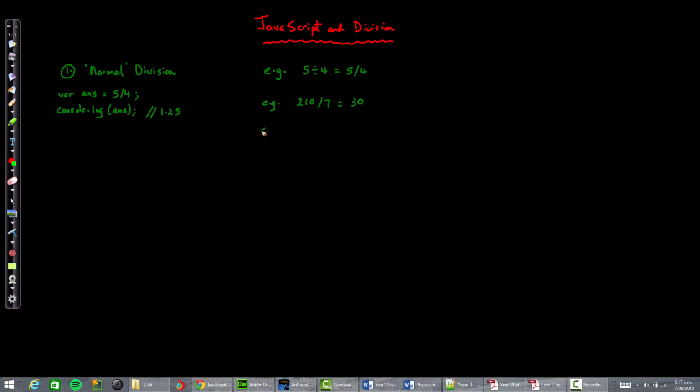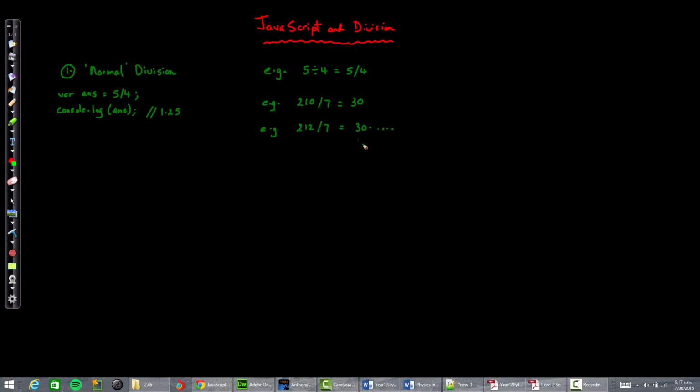But what happens if our problem had been we want to share out 212 coins amongst 7 people? Well, the answer is still going to be 30, and there's going to be a bit left over. That bit left over would be the extra 2 coins.